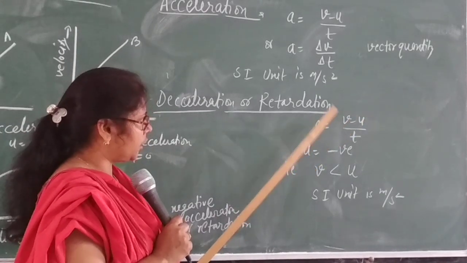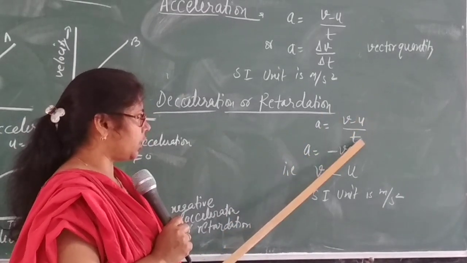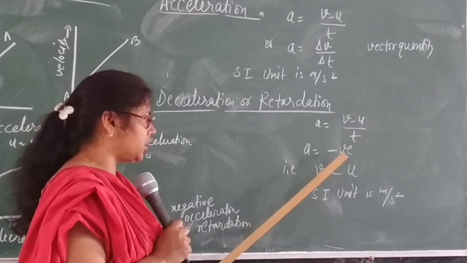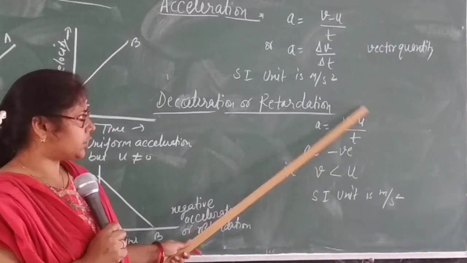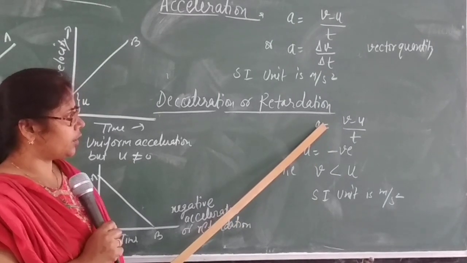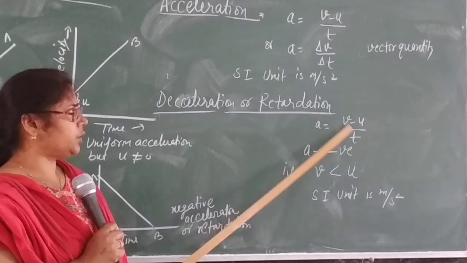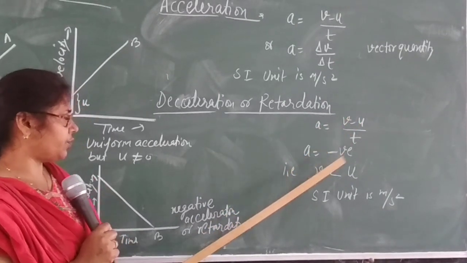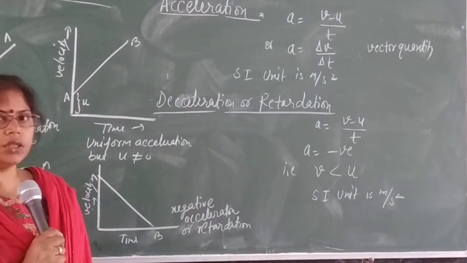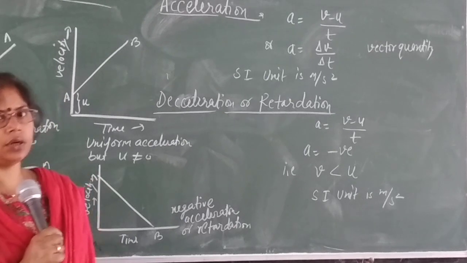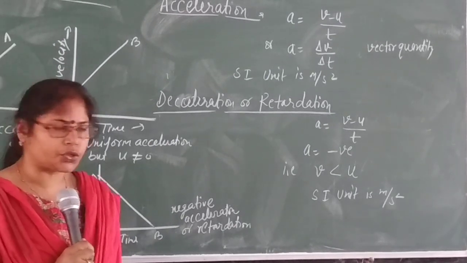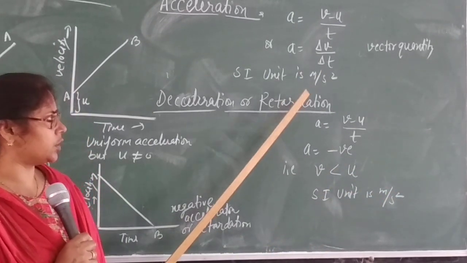The formula is the same, a is equal to v minus u upon t, but in this case a is negative. a can be negative when v is less than u, meaning the initial speed is more than the final speed. Then we call acceleration a retardation or deceleration.